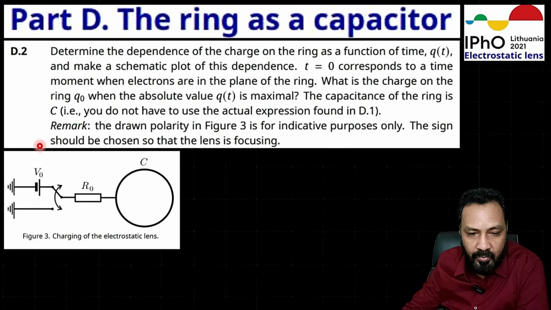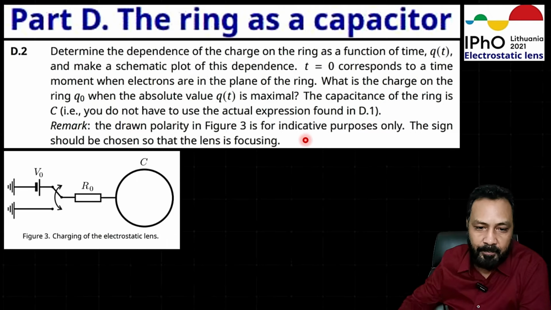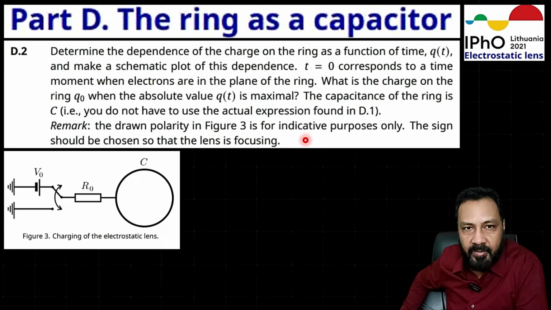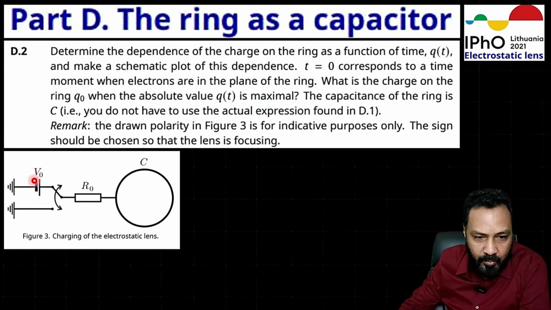The sign should be chosen so that the lens is focusing. See, we've seen that for the lens to focus, the charge should be negative. If this is zero potential and the potential is positive, the charge of this ring will be positive. So this polarity should be opposite. I mean, this bigger terminal should be here.